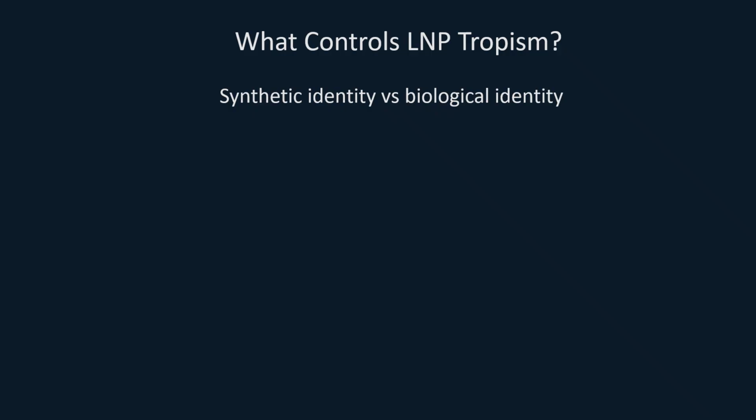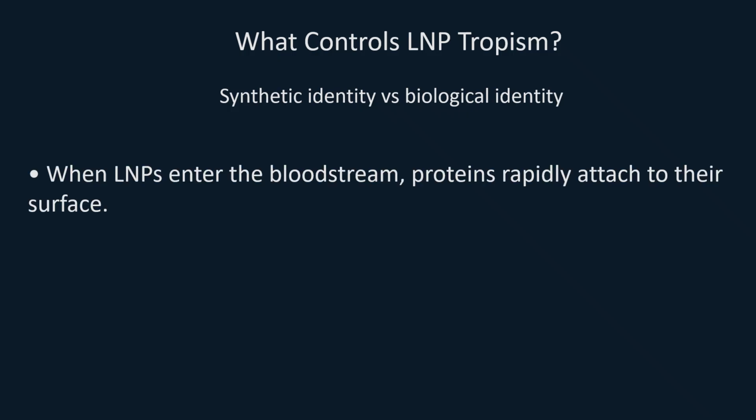So once an LNP enters the bloodstream, within seconds many of the proteins in the blood bind to the particle surface. This layer of adsorbed proteins is called the protein corona. And this actually changes the identity of the nanoparticle.